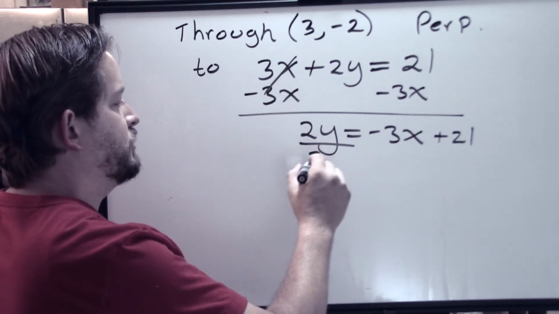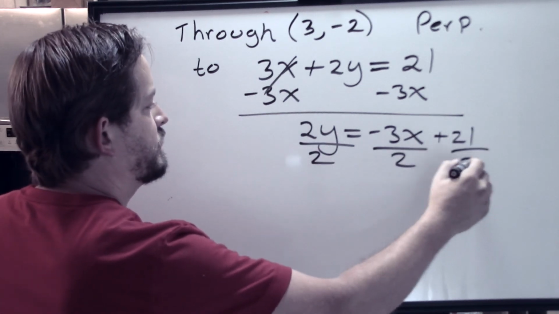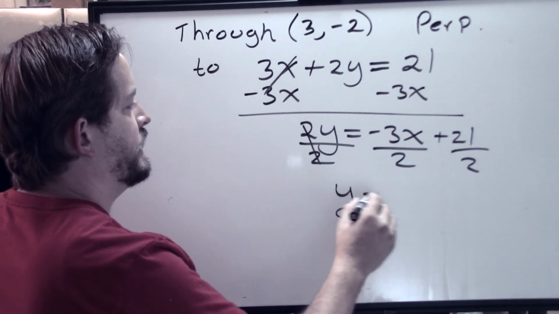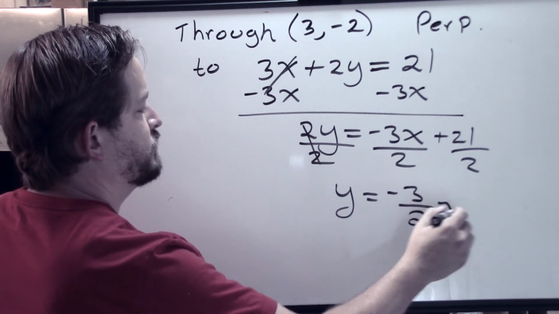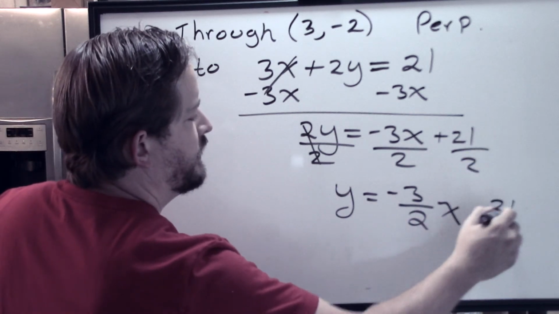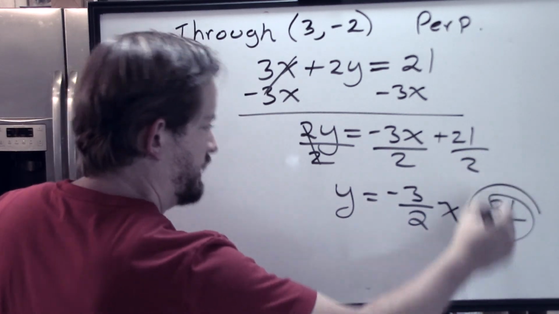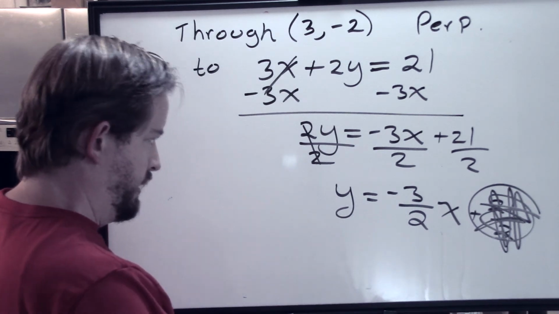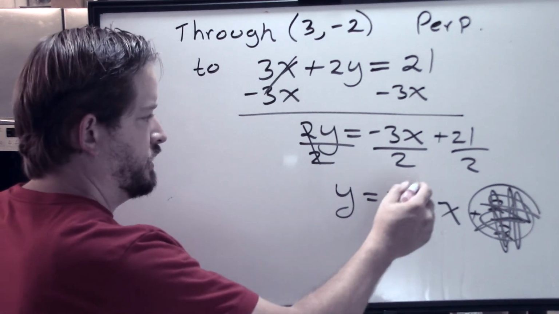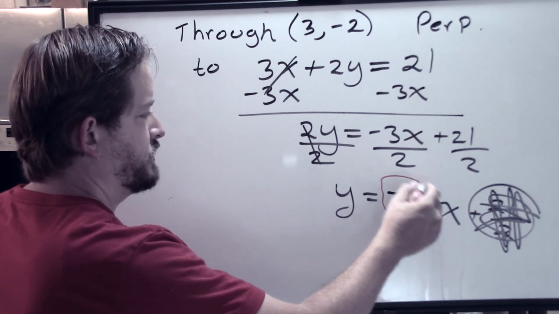Divide everything by 2. Leaves me with y equals negative 3 halves x plus 21 halves, but again, this last number doesn't even matter. The only thing that I want out of this line is the slope, and the slope is negative 3 halves.